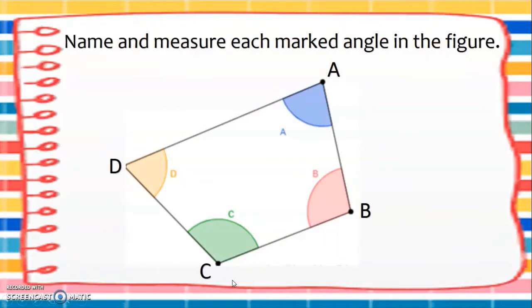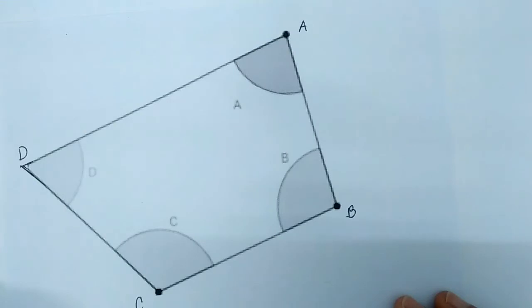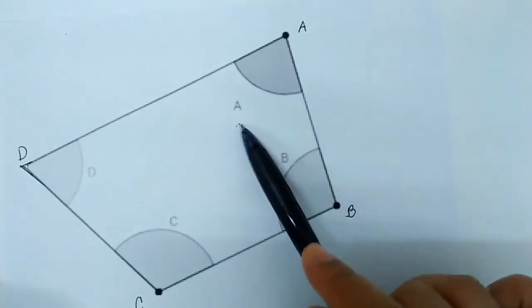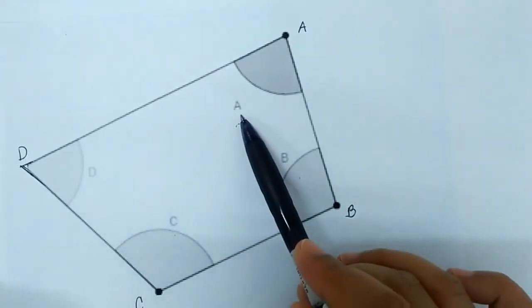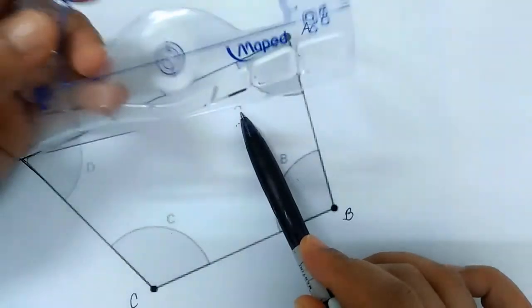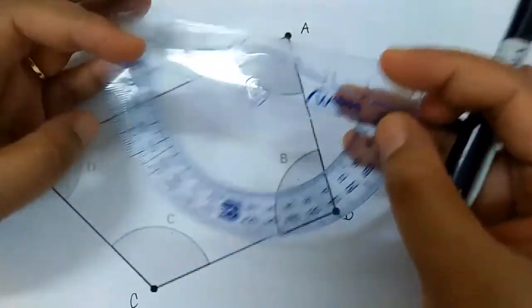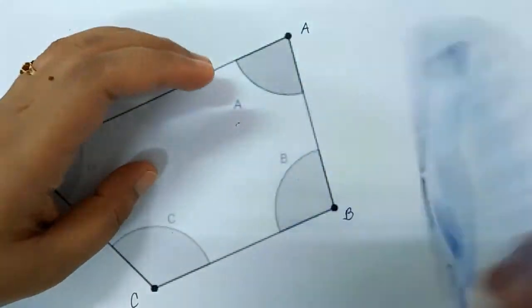So let's name and measure each marked angle in the figure. We're going to measure the angles in this figure. So we're going to find angle A, angle B, angle C, and angle D. Let's have first angle A. We're going to place the center mark at the vertex.